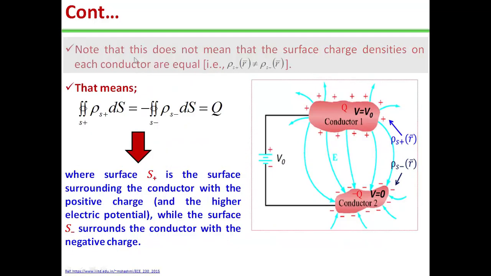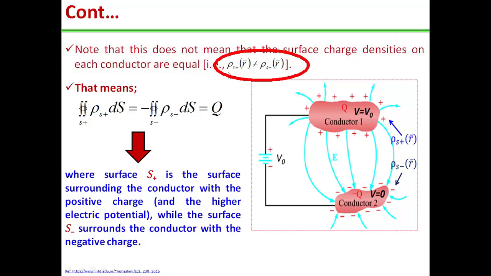Note that this does not mean that the surface charge densities on each conductor will be equal. That means the surface charge density on conductor 1 will not be equal to the surface charge density on conductor 2, that is, rho s plus will not be equal to rho s minus.